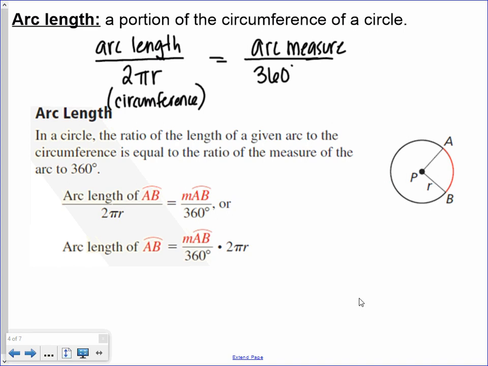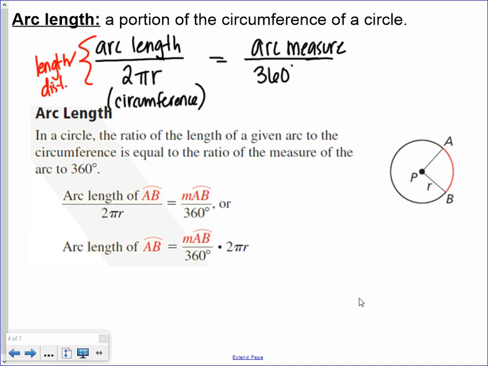Now, this proportion makes a lot of sense because here's what you're looking at on both sides. On both sides of the proportion, you are comparing a piece of the circle to the entire circle. The left side is all length, like units of length or distance.